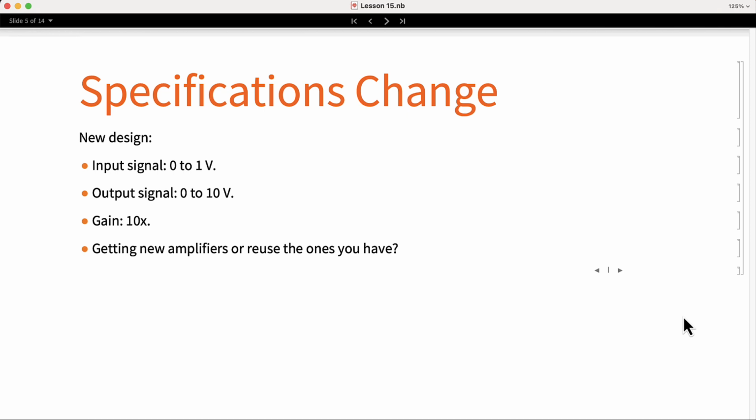Now you need an amplifier of 10x instead of 20x. And that's unfortunate. Now you have a box of 20x amplifiers that you have to throw away and get new ones. But your supervisor tells you that there may be a solution to reuse the same amplifiers.